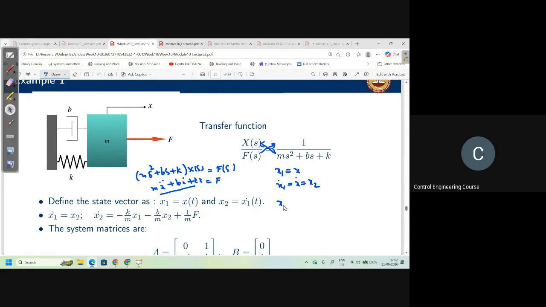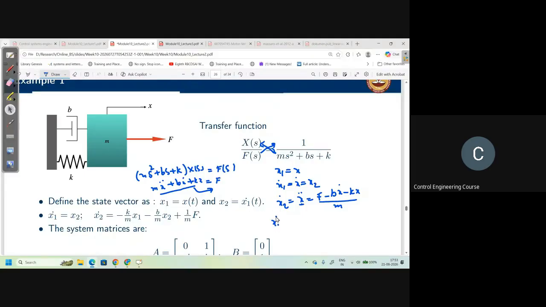Then x2 dot will be equal to x double dot, and we can derive this x double dot from the equation. That means x double dot will be equal to f minus b x dot minus kx, divided by m.